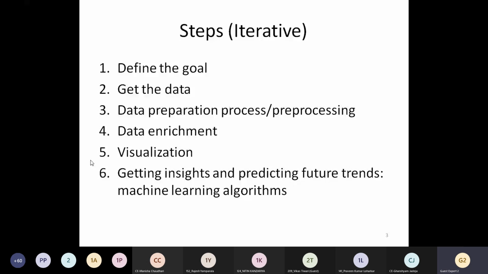If your data set is linear, you may use a linear algorithm for processing or analyzing that data. Machine learning algorithms can be linear or non-linear, so based on the relationship among the features of your data set, you have to decide the algorithm.